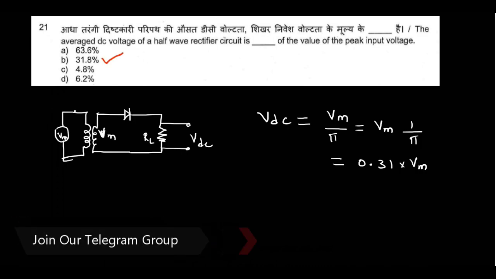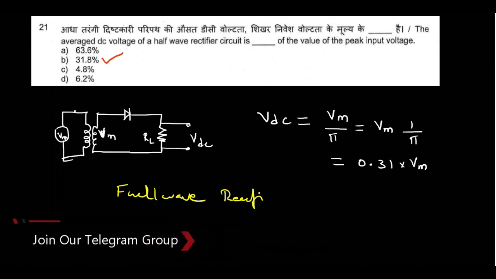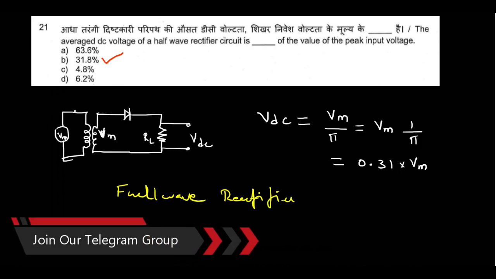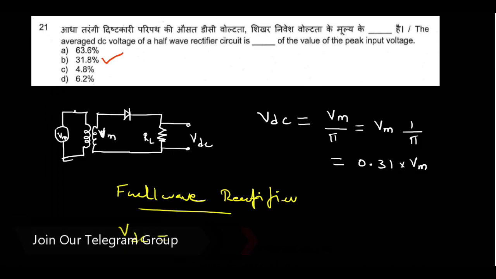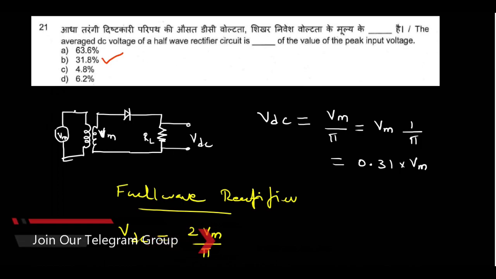Similarly, for a full wave rectifier, whether it is a bridge rectifier or a center tap rectifier, VDC or average DC equals 2 Vm upon pi. That is the output DC voltage equation for a full wave rectifier. Now I hope you know how to find the percentage.